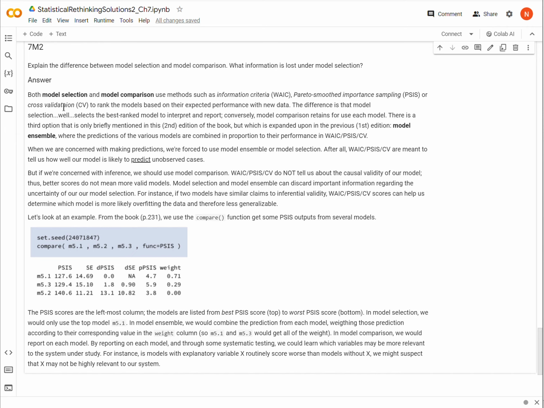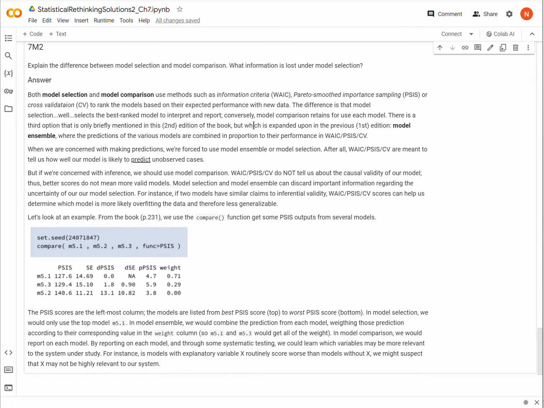With model selection, what we would do with these values is just use the best score. In this case, we would just use model M51. But in model comparison, we would use every model separately, individually.